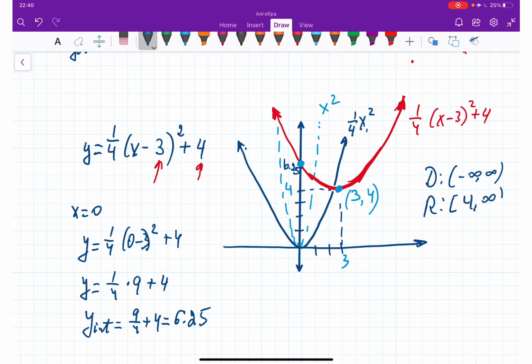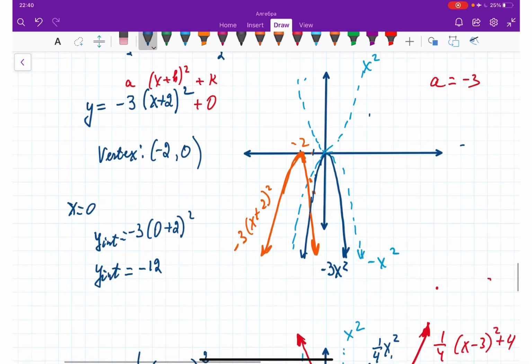4 and infinity. In this case, what is it going to be? It's going to be y at this point here for range. Y here 0, and the other one is going to be negative infinity, right? So the range for here, what is smaller? Negative infinity.